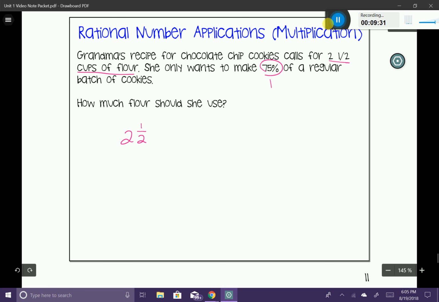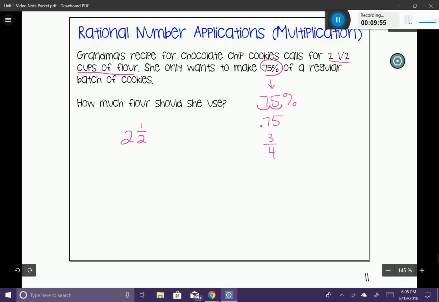We know that 75%, if we were to create a decimal out of 75%, just as a little review, we would move the decimal 2 spaces to the left, which would give us 75 hundredths. And 75 hundredths is like 3/4, right? Isn't that 75 cents? Can't we also write that as 3/4?